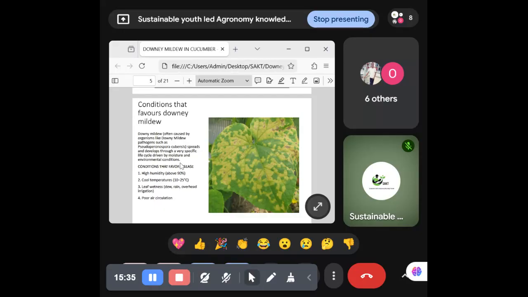Even now that we are approaching rainy season: during the dry season you don't really have issues with Downy mildew, because the temperature is hot, so the possibility of the fungi growing very fast is very low. Now that we're approaching rainy season, we will start seeing temperatures below 25 degrees, especially at night.